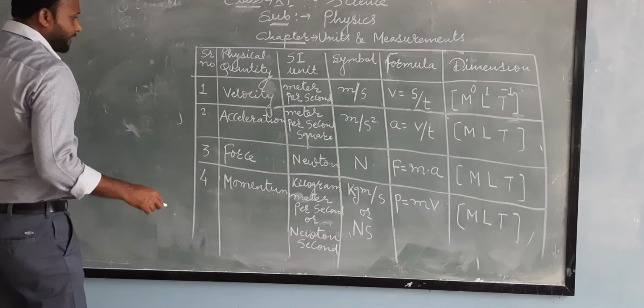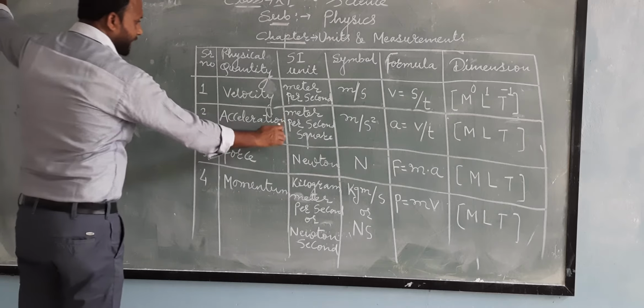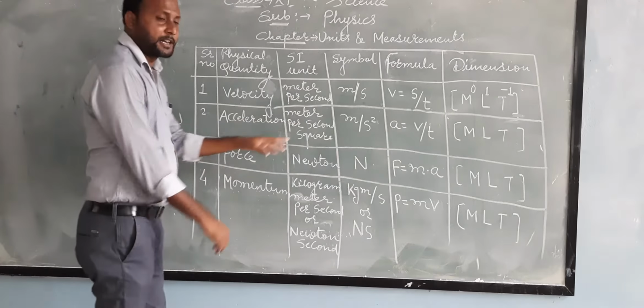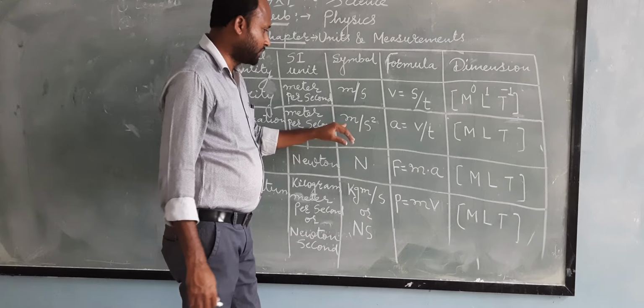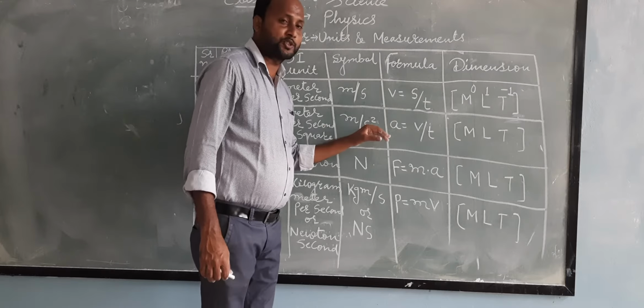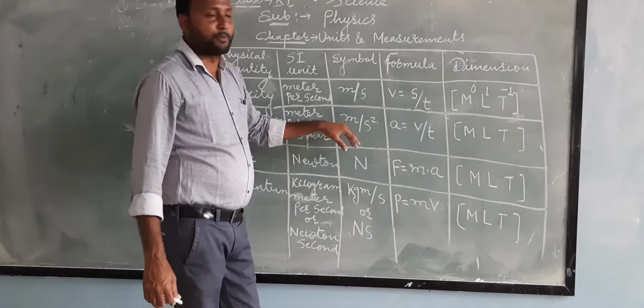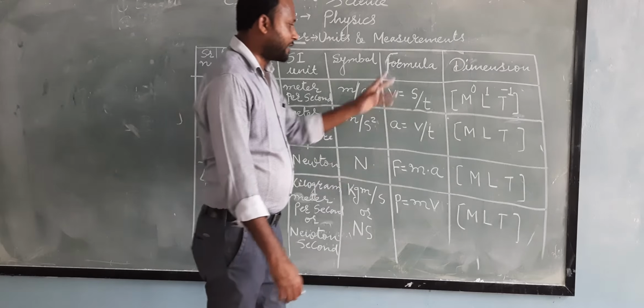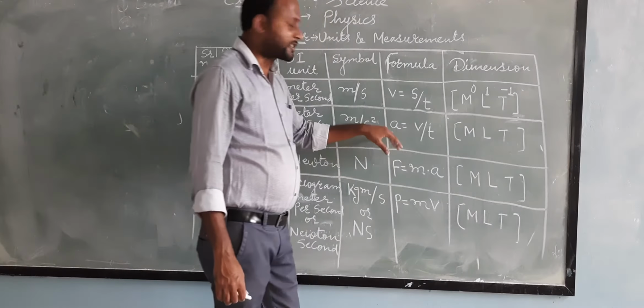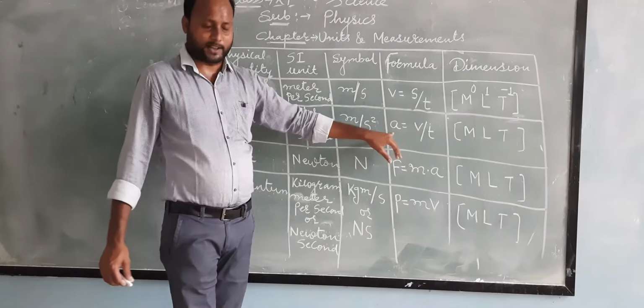The SI unit of acceleration is meter per second square. We have written its symbol form also. हमने यहाँ पे इसका symbolic form में लिखा है, meter per second square. And acceleration is denoted by small a.